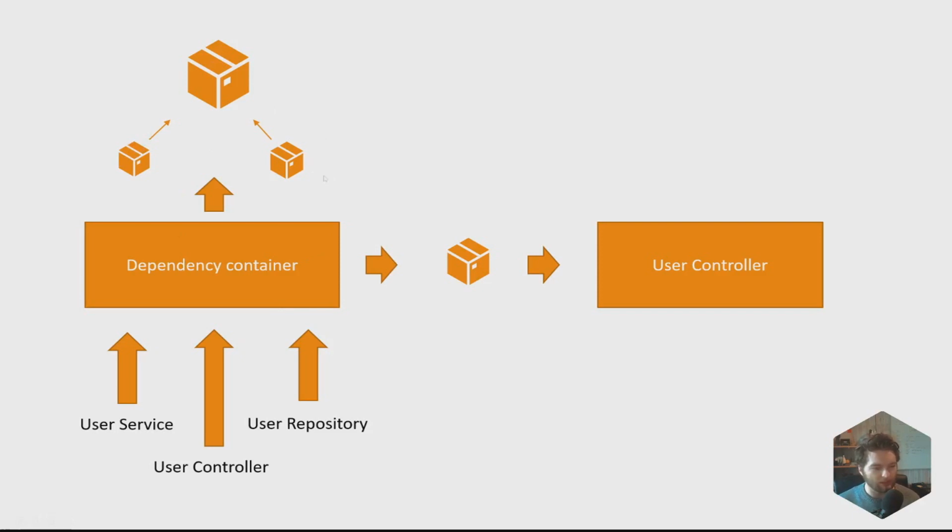Awesome. Now let's say we want to use our user controller. You technically do not create a new user controller. You ask the container for a user controller, which is also called the locator pattern, but don't worry about that. But let's imagine we ask the container for the user controller. Generally, you would be calling a method like get or resolve.